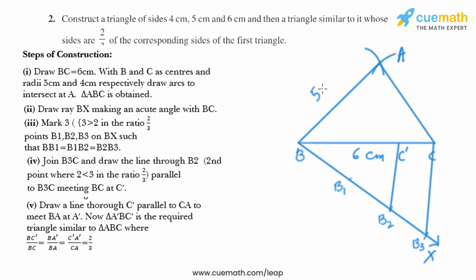We have AB as 5 cm and AC as 4 cm. So we'll draw a line like this, parallel to the line of AC, and we'll mark the point of intersection as A'. So we have got A'BC' as the required triangle.